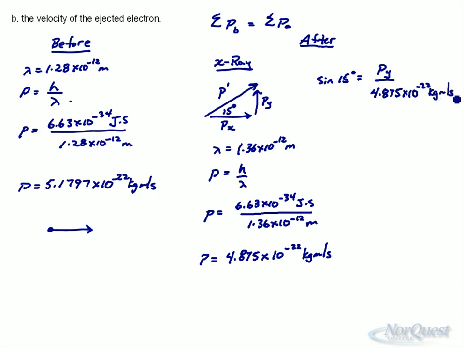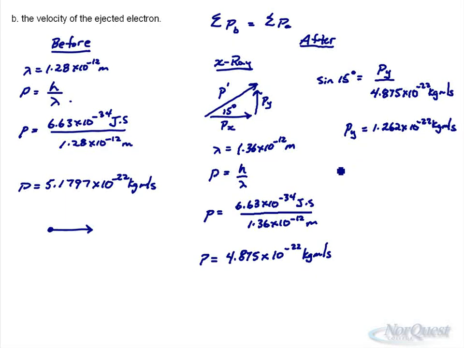So you can remember all of this extra work we had to do when you had momentum at angles. So if we multiply this by sine 15 degrees, you get, I'm going to go to 3 decimal places, 1.262 times 10 to the negative 22 kilogram meters per second.